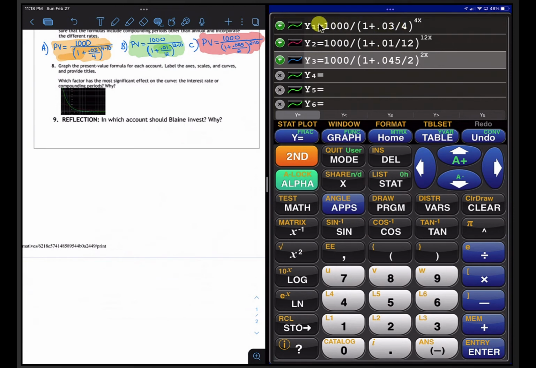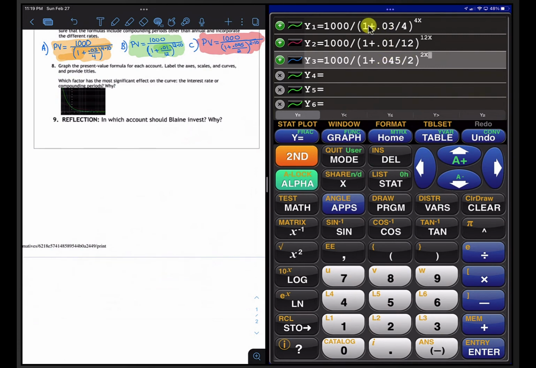All right, so this was equation 1, account A with the 3% compounded quarterly. The second line is the second equation of account B. It was 1% and it was compounded monthly. That's 12. And then the third equation is from account C, and that was the 4.5%.